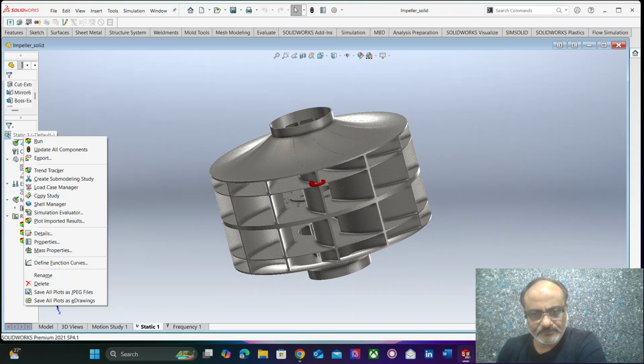So now we get into the analysis part, the pre-processing part, where we are breaking down this particular geometry, the 3D solid model of the impeller, into tetrahedrons.